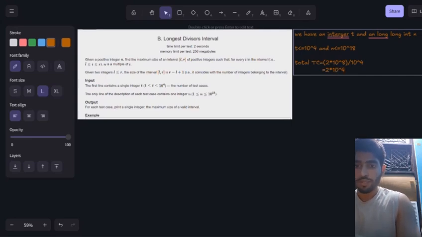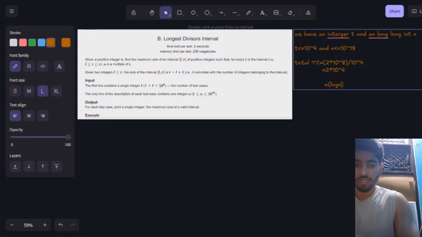So for that, I was first thinking that we first find the divisors and then calculate from them which are continuous. But this will not help us because after analyzing the time complexity we see that t is from 1 to 10 raised to the power 4 and n is from 1 to 10 raised to the power 18.